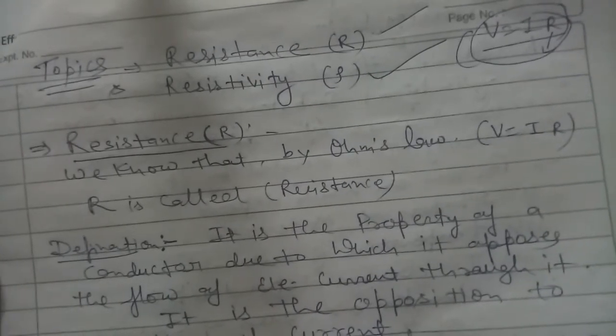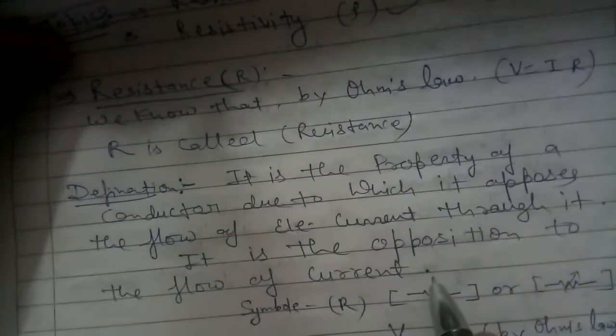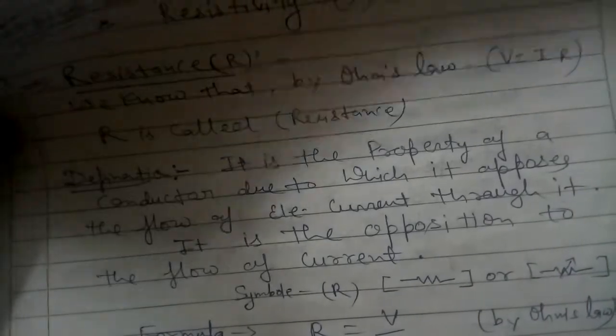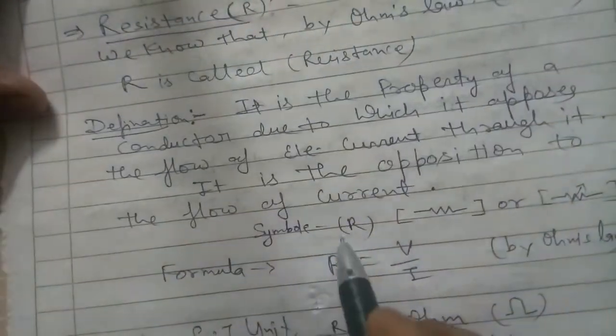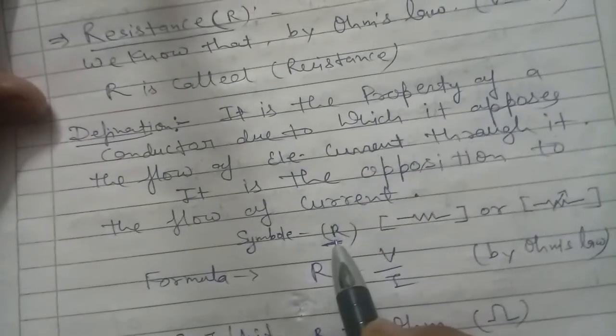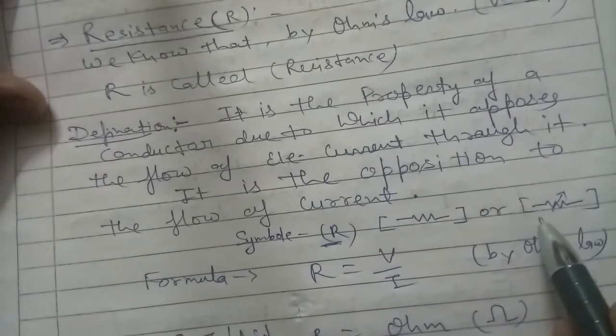So the main function of the resistance is to oppose the current. The symbol of the electric resistance is R. What is the symbol? R is the symbol of resistance in an electric circuit.